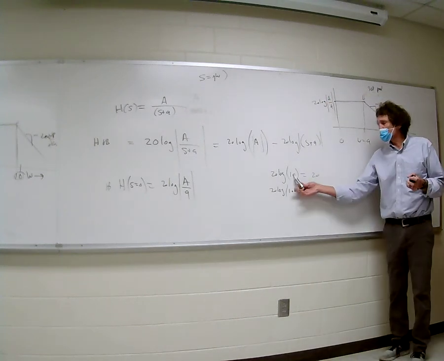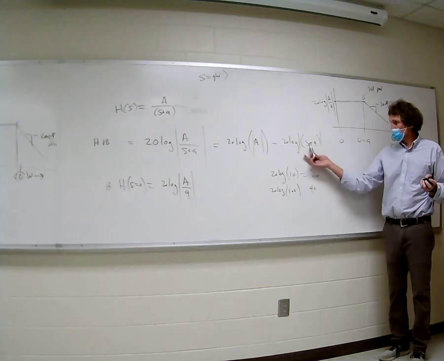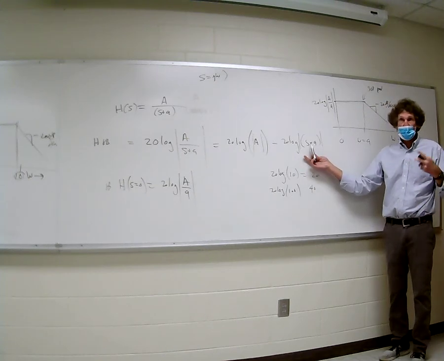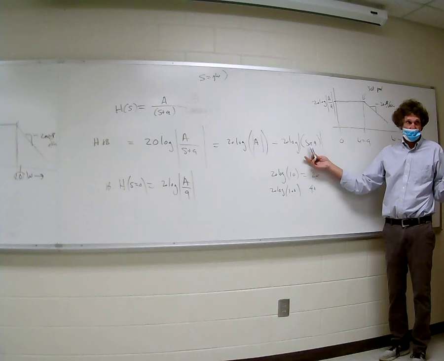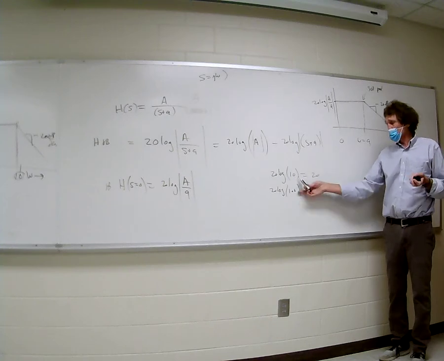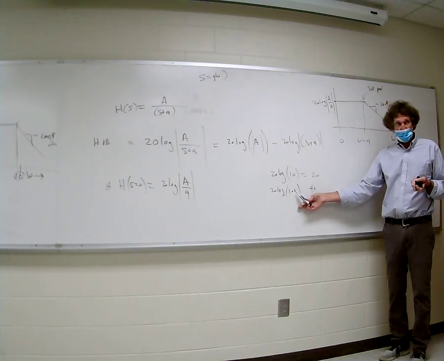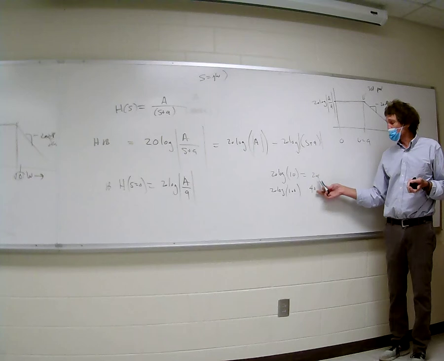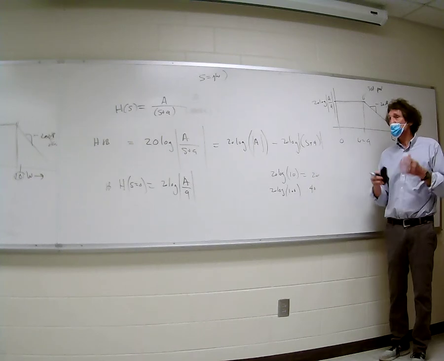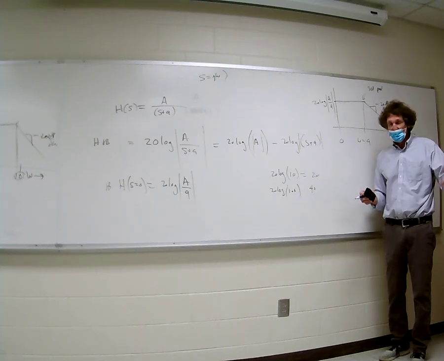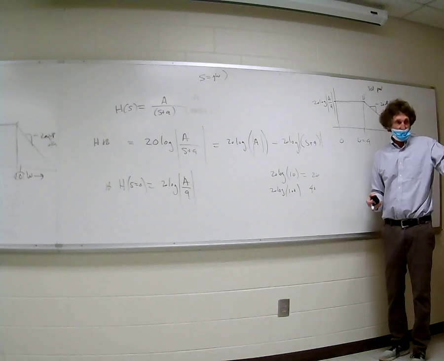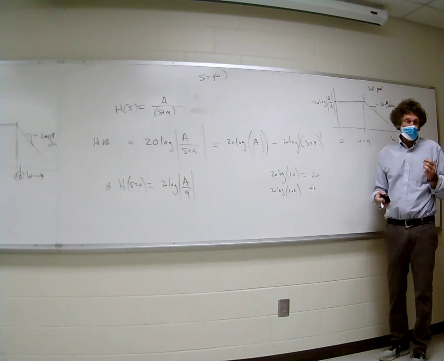I've gone over a decade in magnitude, and when S is greater than A, you really just look at the magnitude of S. You follow me on this? So here I've gone up exactly 1 decade, from 10 to 100, correct, class? That would be a decade, a factor of 10. And I go from 20 to 40, so it's 20 dB per decade. If there's a minus sign in front of it, it's going down, minus 20 dB per decade.